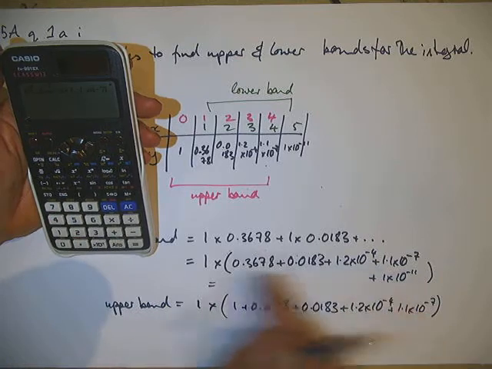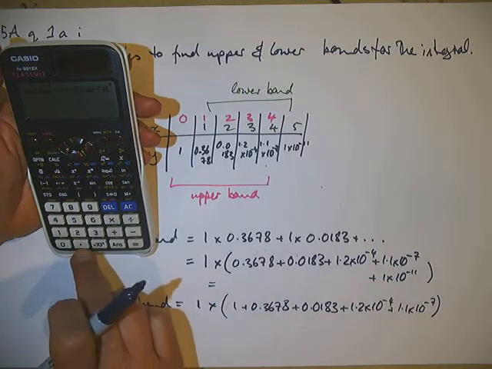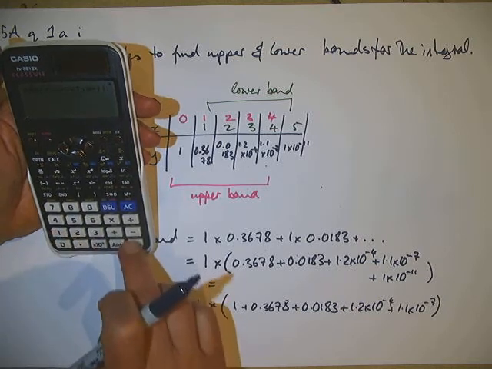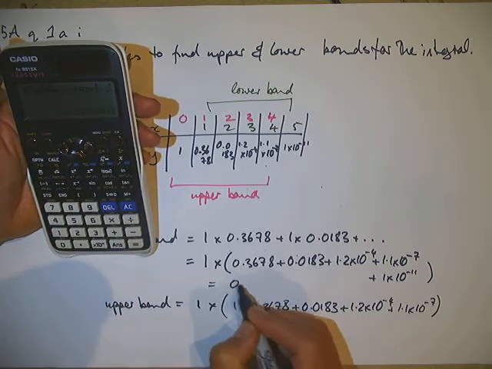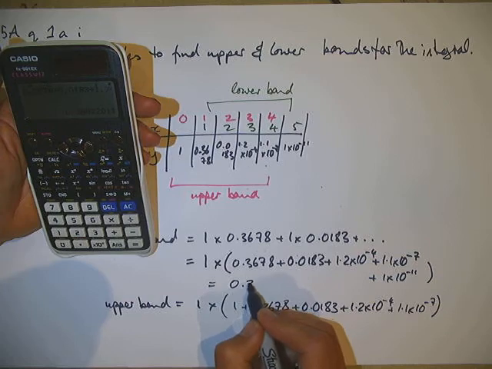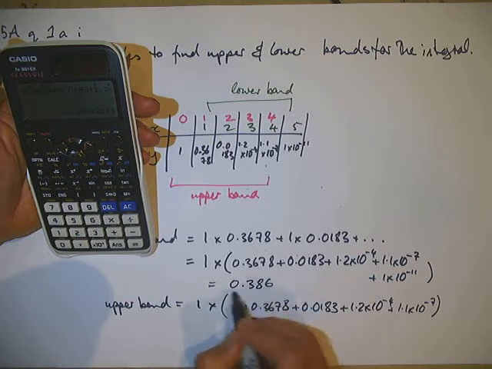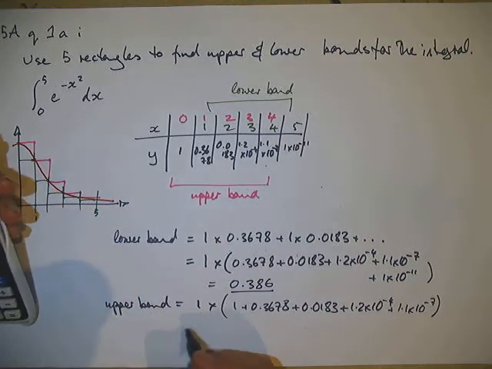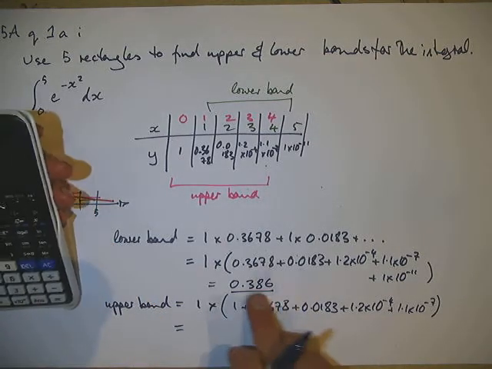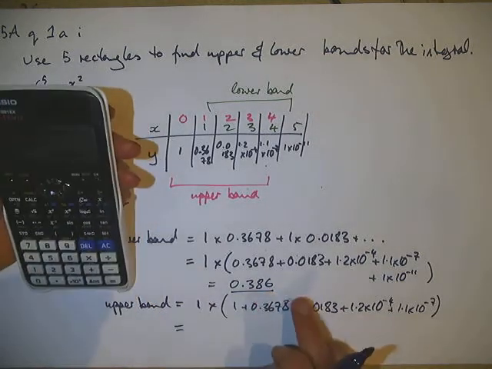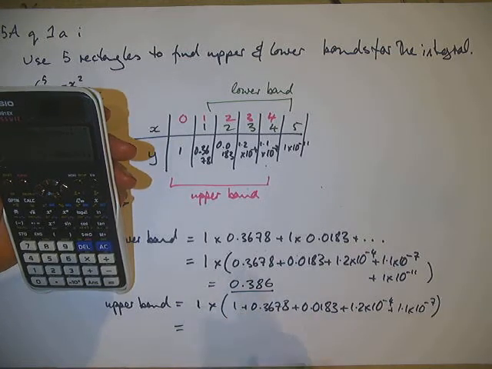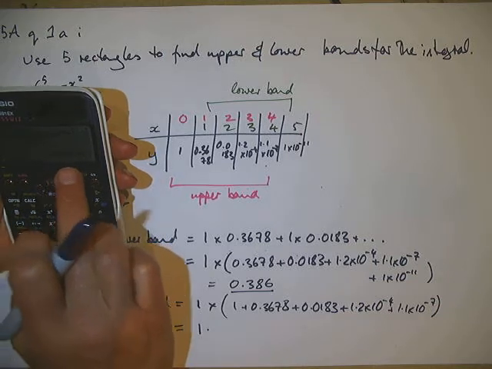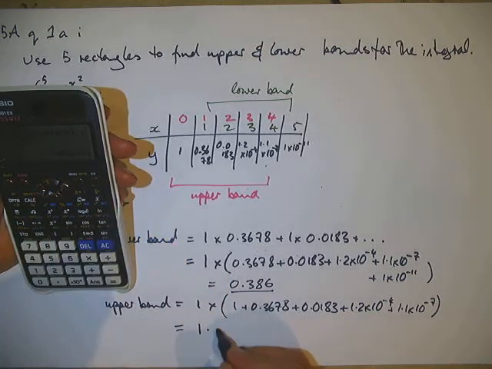The last ones are irrelevant to put in really, because they're so tiny, and I get 0.386, and we know from the shape of the graph, the green rectangles, that's the lower bound. The only difference for the upper bound will be adding that 1, so to 3 significant figures it's going to be 1.39. You can check if you want.